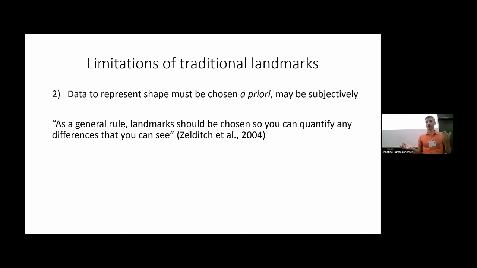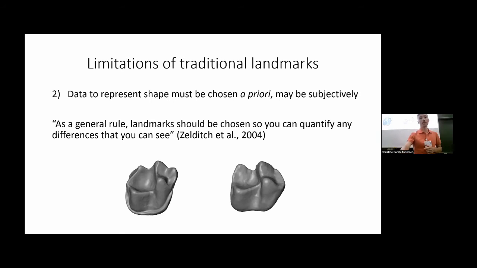If you look in the textbooks, as a general rule, landmarks should be chosen so you can quantify any differences that you can see. That's coming from a subjective point of, I think I already know what the important features are. And of course, in practice, when we start to choose landmarks, that pointy feature looks like a good place for one, but then all of a sudden we get to a specimen and reasonable people can start to disagree about what the corresponding point should be there.